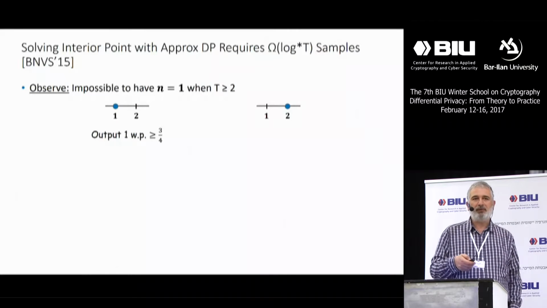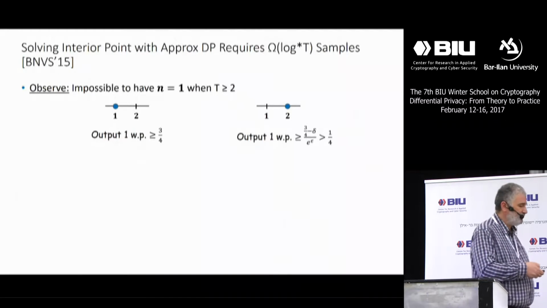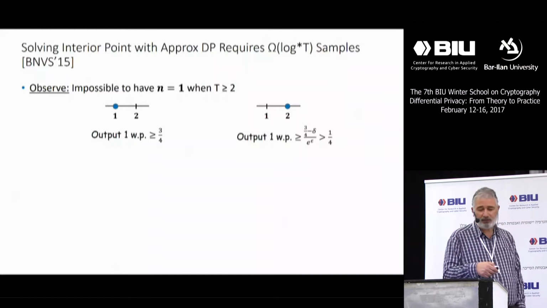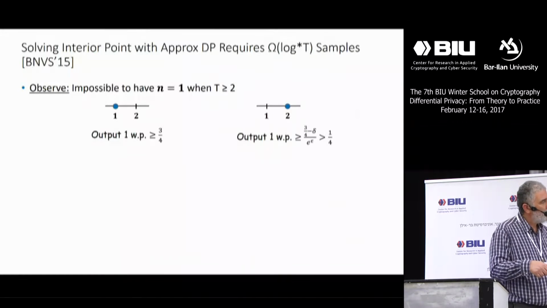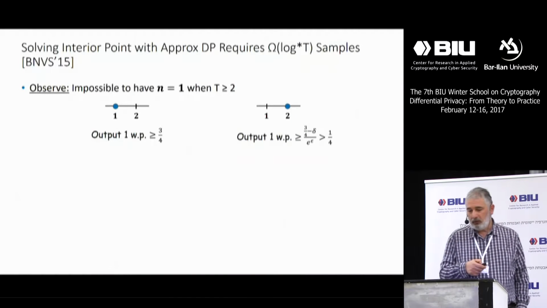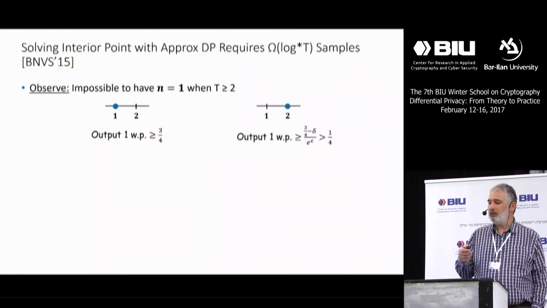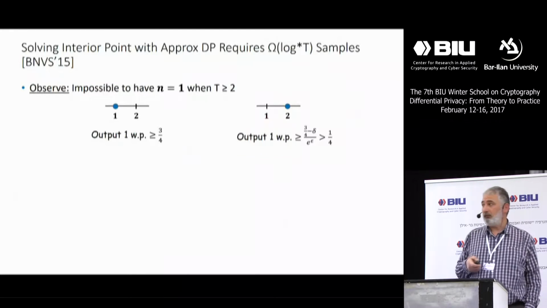So if you fix epsilon and delta not to be too large, then on the left, let's say you have to output 1 with probability at least 3/4, and hence, because of differential privacy, you have to output 1 with probability more than 1/4 on the right, and this means that you are not giving a good answer on the right hand instance with probability 3/4.